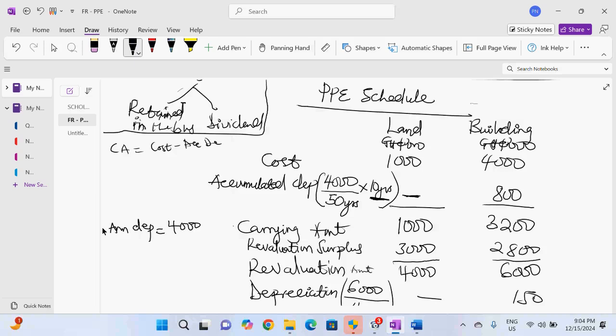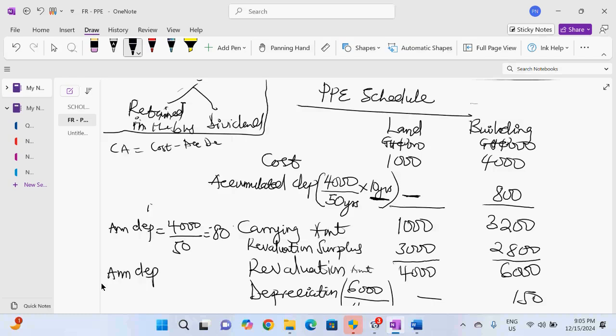I'm talking about the building. 4,000 over what? Useful life is 50 years, right? That will give us 80. Okay, 80. Now, the annual depreciation after revaluation.